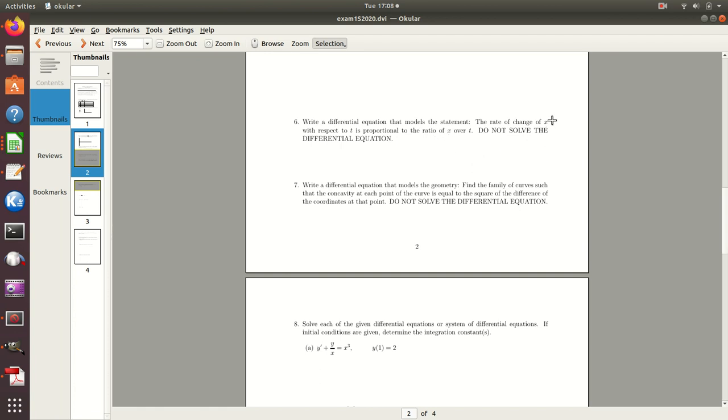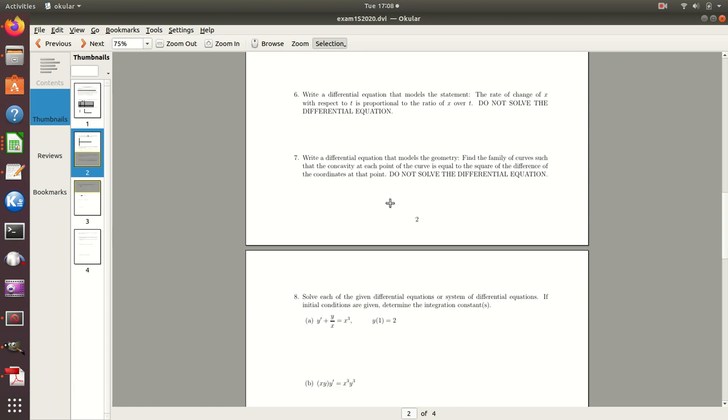So I do have here dx dt is equal to some k times x over t. Okay, so not bad. This one's not bad. Pretty straightforward. It's using mathematical language for the most part as our real world language. Not so bad.